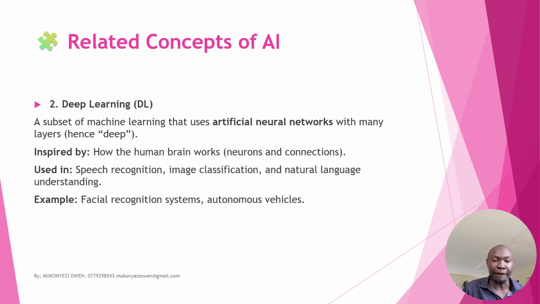Autonomous vehicles have different layers. It is inspired by how the human brain works, so they created it basing on that. It can be used in speech recognition, image classification.